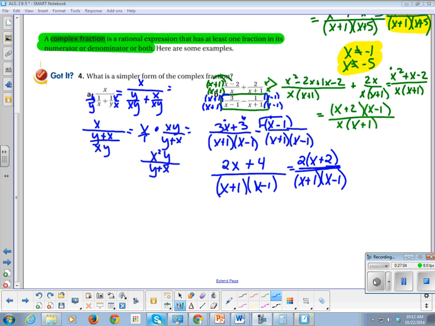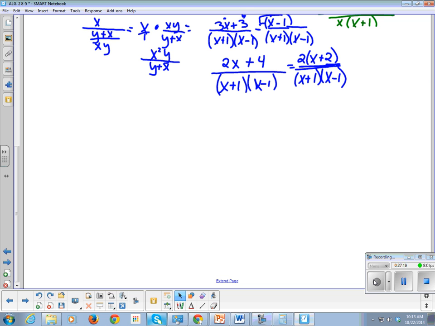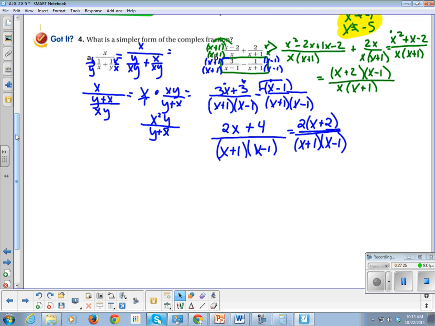So now I have my denominator with a common denominator and my numerator with a common denominator. I'm going to push them all back together. No, I'm going to make more room. All right, so I'm going to take my green guy and put him over my blue guy.